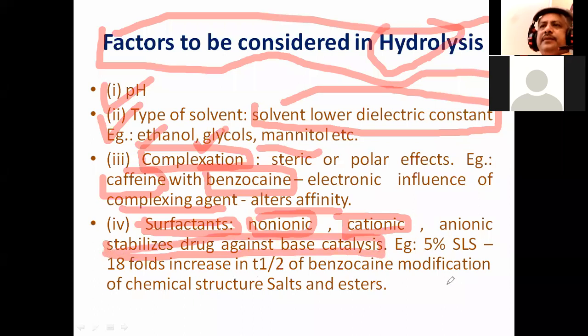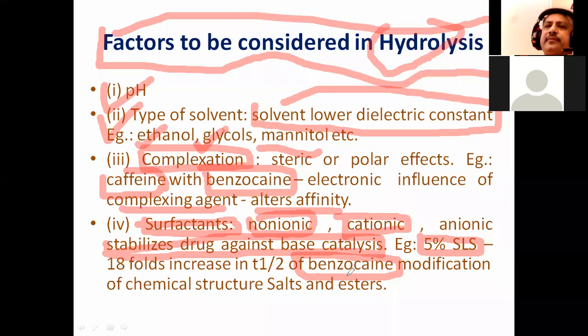For example, 5% SLS shows an 18-fold increase in the T half of benzocaine. So when you use 5% SLS, there is an 18-fold increase in the T half of benzocaine.